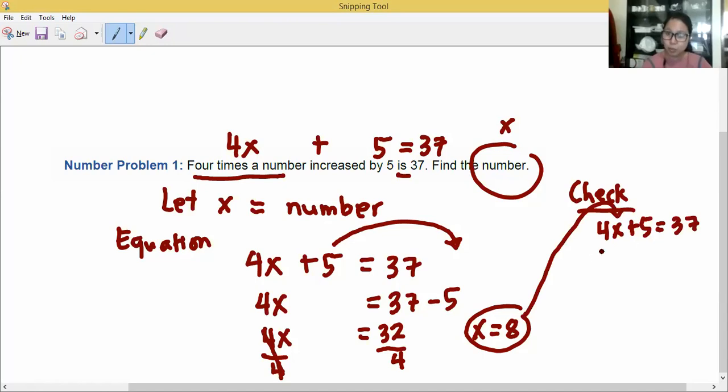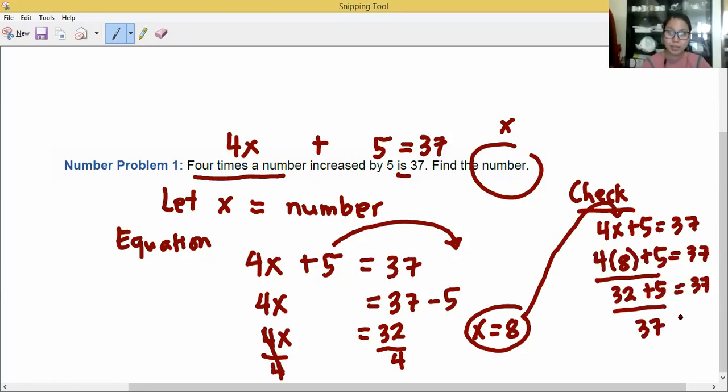So we have 4 times 8 plus 5 equals 37. Let's solve the left part of the equation. We have 4 times 8 is 32 plus 5. If we add this, it's 37, which is equal to the one on the right side.